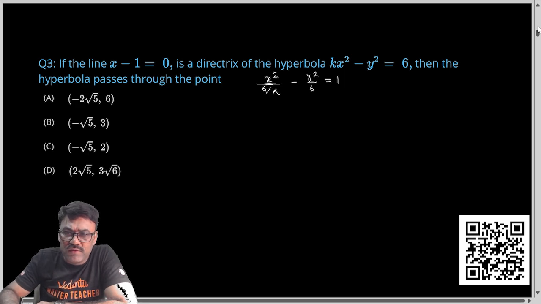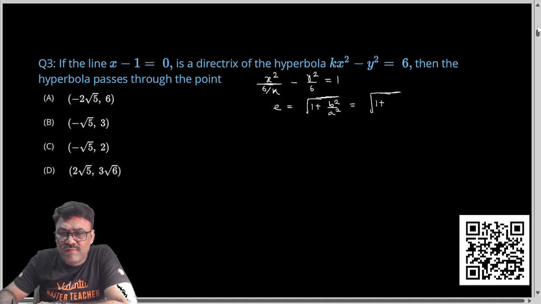So let's calculate eccentricity first. Its eccentricity is under root a square plus b square by a. Or you can write its eccentricity as under root 1 plus b square by a square. Now if you calculate it, b square is 6 and a square is 6 by k.